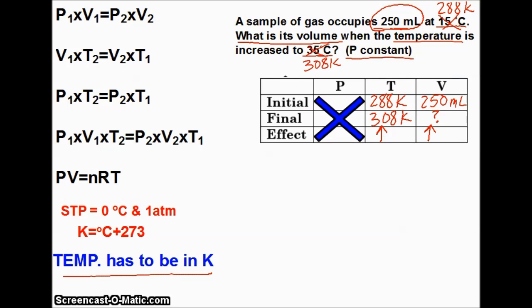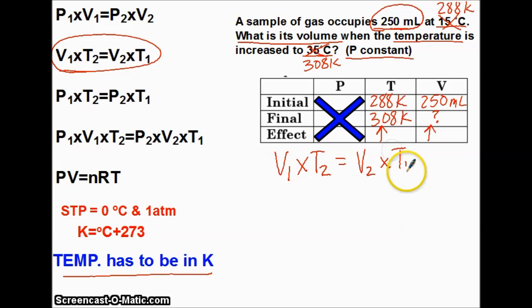So let's look at what law or what equation do we want to use. We want the one with V and T. Well, that's this one. So we have V1 times T2 equals V2 times T1. And again, this is just algebra. We're just plugging in everything that we have. So remember, these are our ones, these are our twos.